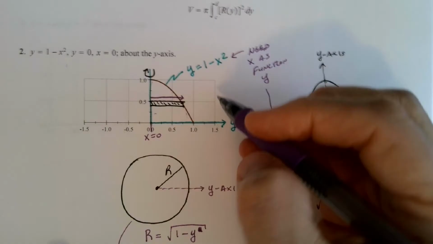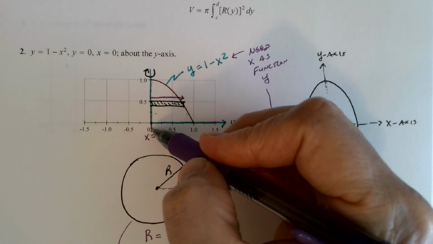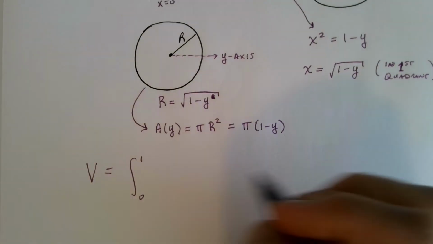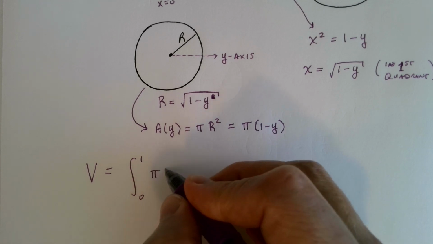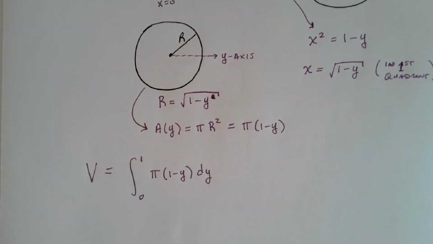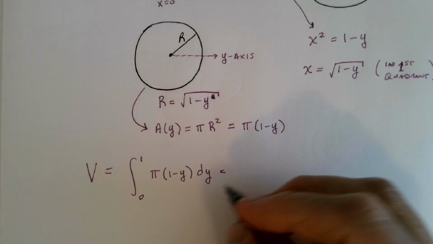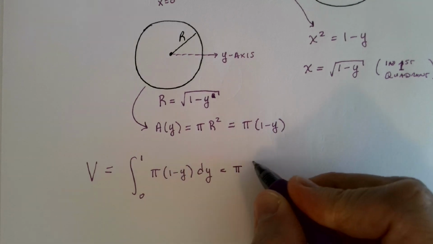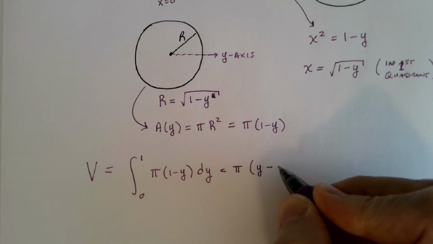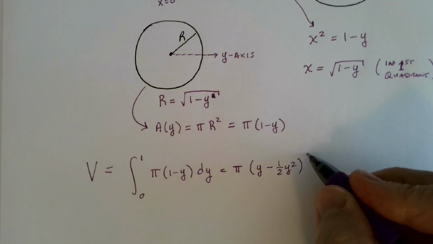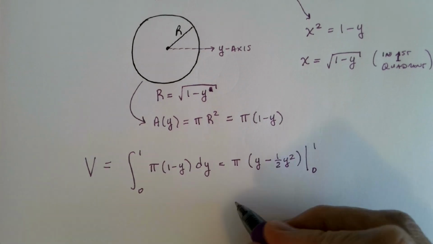And again, I'm integrating along the y-axis, so going from 0 to 1, pi times 1 minus y dy. So I can integrate this. The pi comes out. The antiderivative of 1 is y, and the antiderivative of y is 1/2 y squared, negative of course, and we're evaluating this at 1 and at 0.